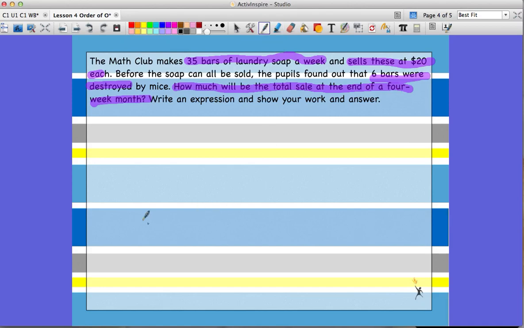Alright, so we have to put our pieces together here. So they make 35 bars of laundry soap a week. So 35 per week. And then minus the 6 that were ruined. See how we can write this out in words and get a better snapshot of what we're looking for.